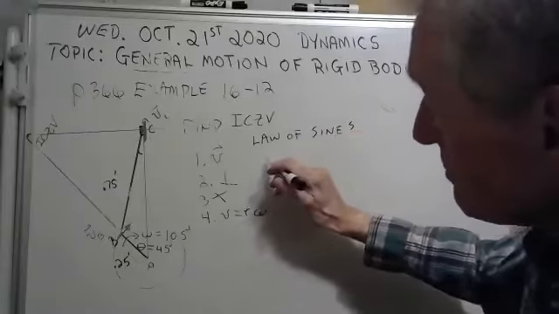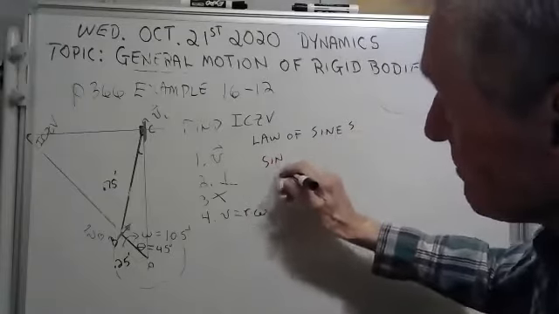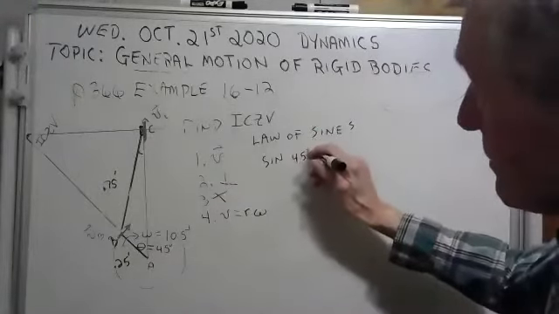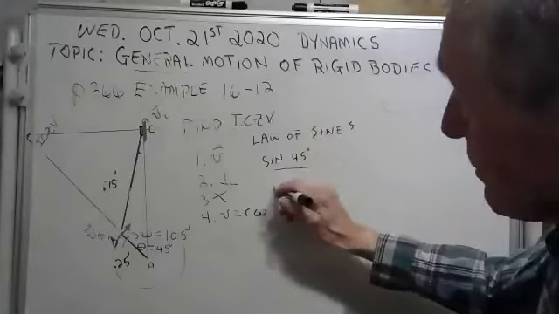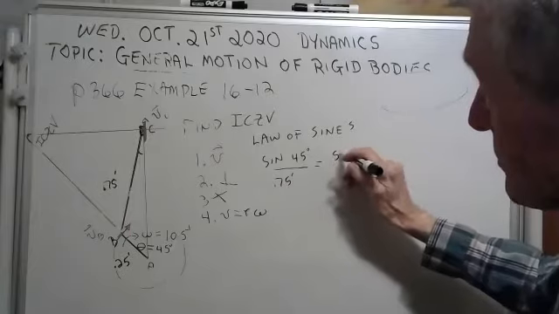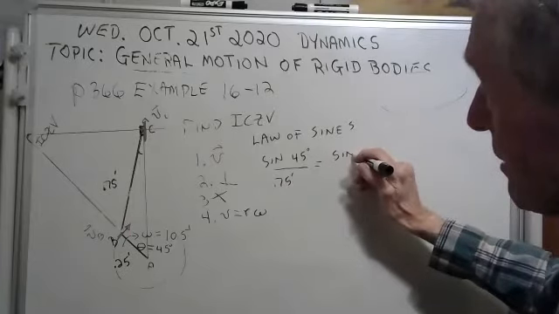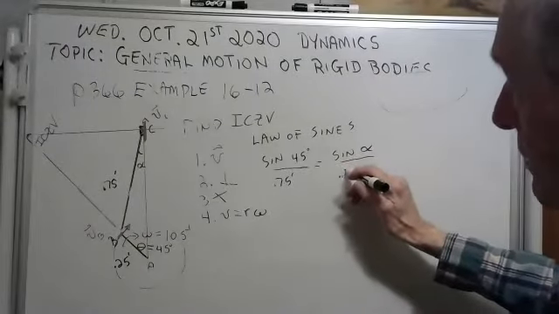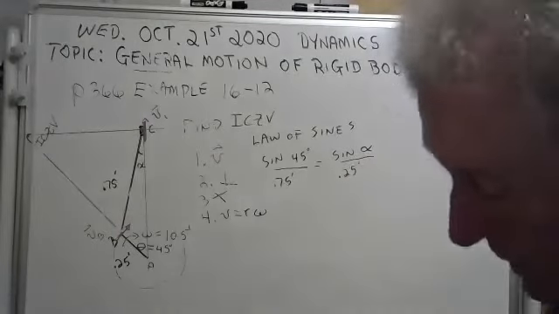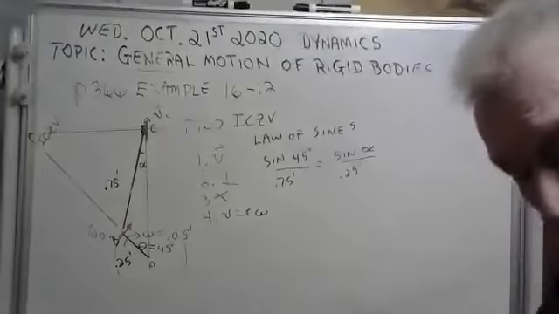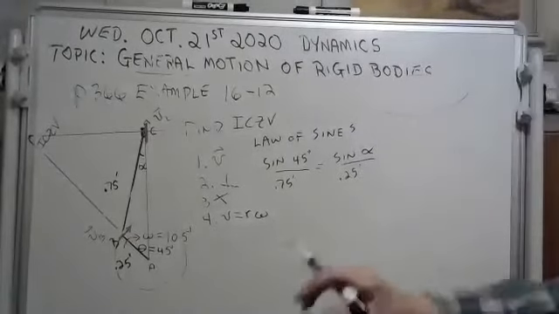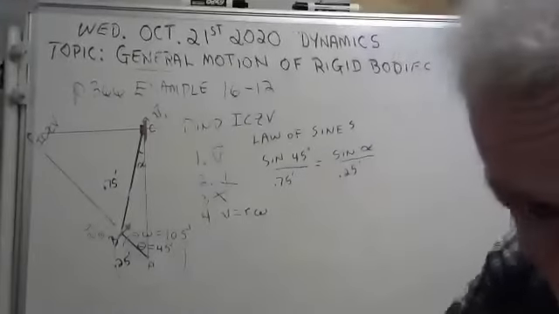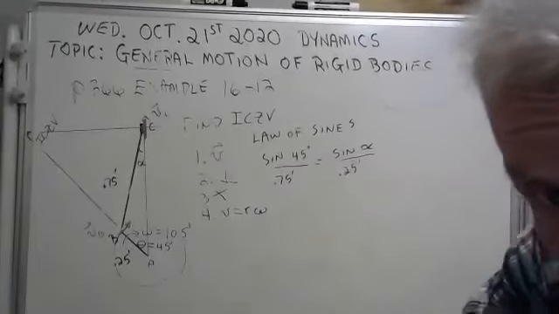We're going to go the sine of 45 degrees is to 0.75 feet as the sine of, we'll give this a name. How about alpha? Alpha is a nice name. The sine of alpha is to 0.25 feet. Okay, I'm going to shut up now for 45 seconds. And I want to know what alpha is. Go ahead and get alpha for me, please.